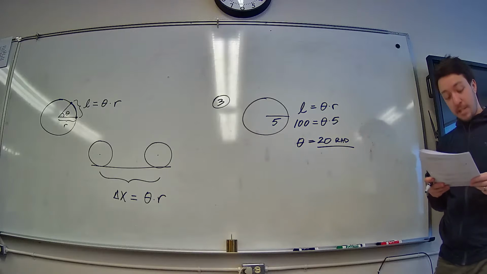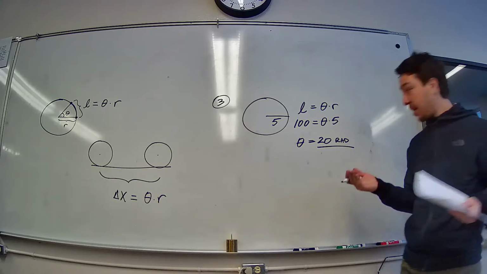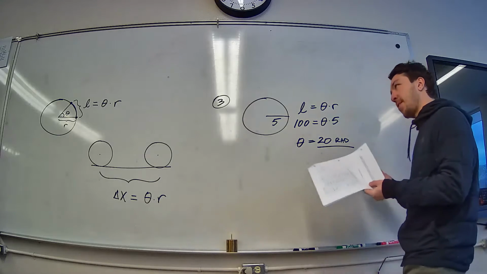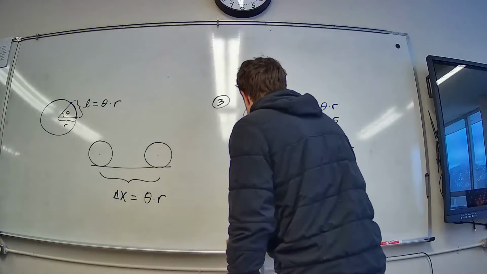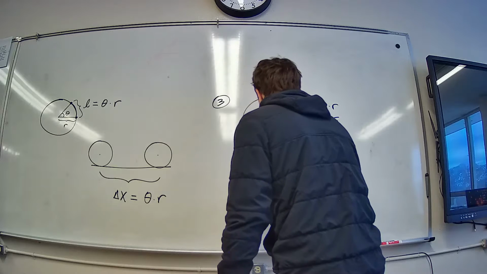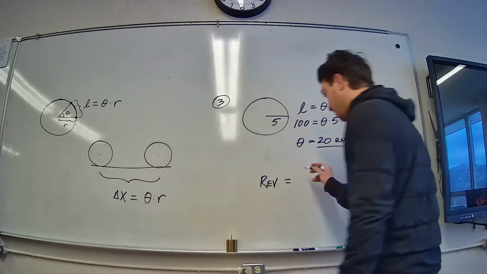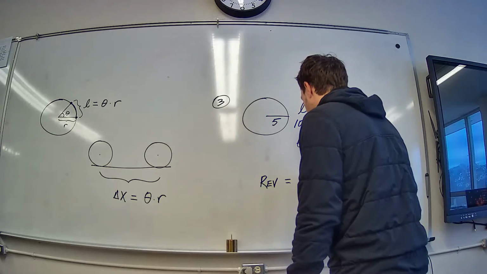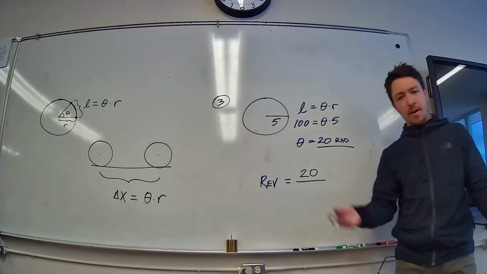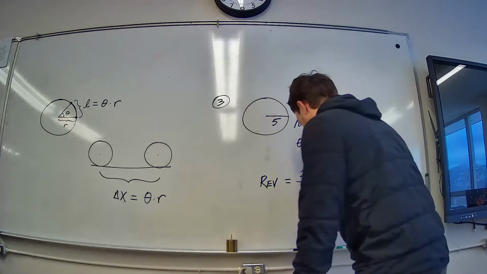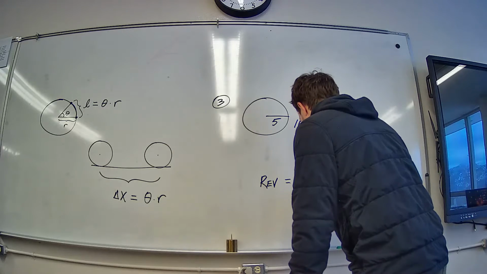Okay, then how many revolutions did the particle make? Let's be precise here. Don't say roughly 3, that just gives us a rough idea. So the number of revolutions would be the number of radians, right? So 20 radians divided by how many radians are in each revolution? 2 pi.